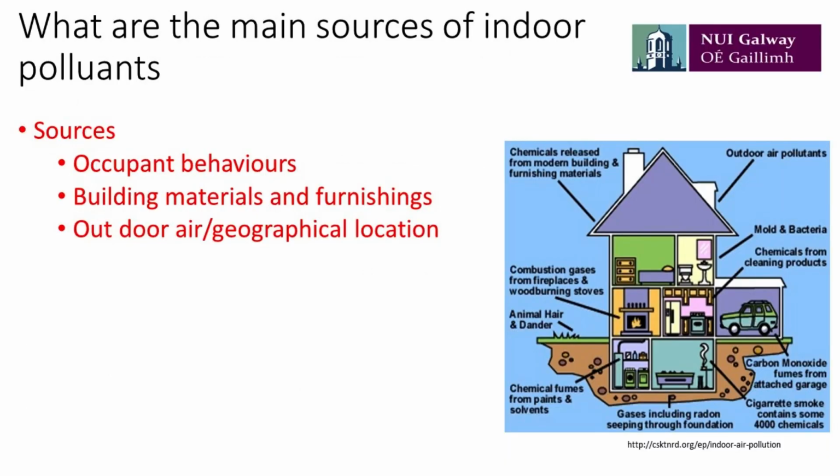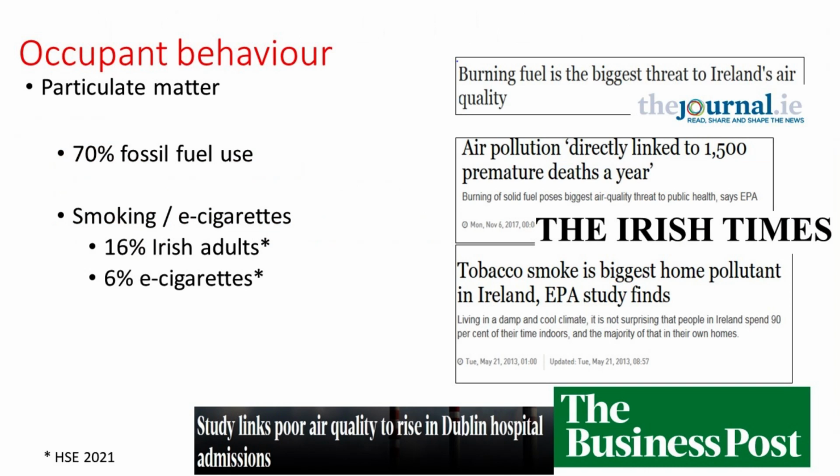So just to finish off our presentation, I thought we might talk about what we know about some of these pollutants in the Irish context, again looking at the different sources. If we look at occupant behaviour, particulate matter is a good example of a pollutant that's generated mainly through anthropogenic activities. We know in Ireland, for example, 70% of the residential sector is reliant on fossil fuel, and we burn fossil fuels to generate PM.